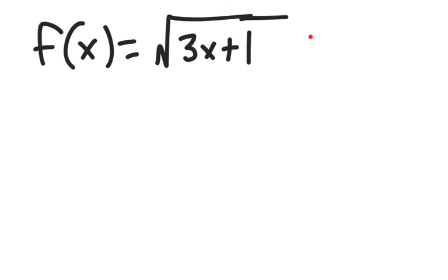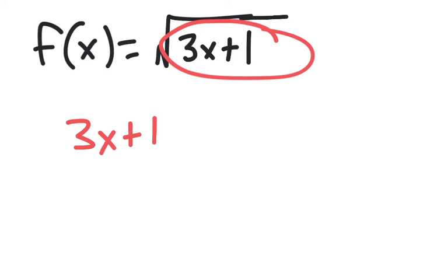No, there's no fraction. Could I take the square root of a negative? Yes, because I have a square root. So in order to make sure I don't take the square root of a negative, what's underneath the square root has to be greater than or equal to 0. We set up our own inequality. That ensures whatever's underneath there is not going to be negative. It has to be 0 or bigger.